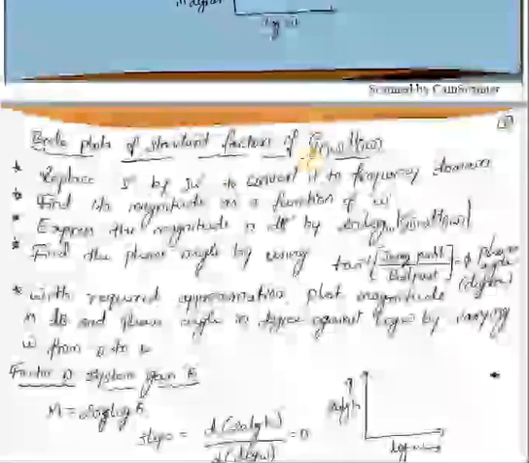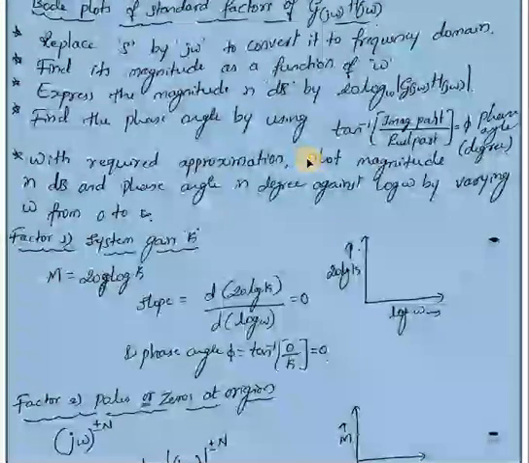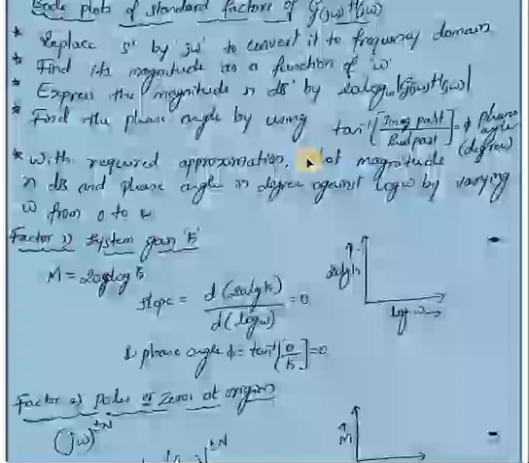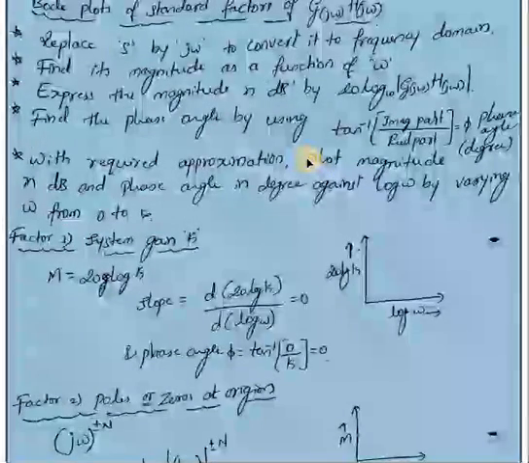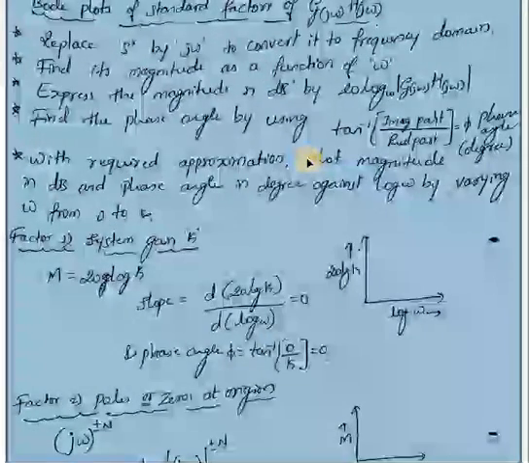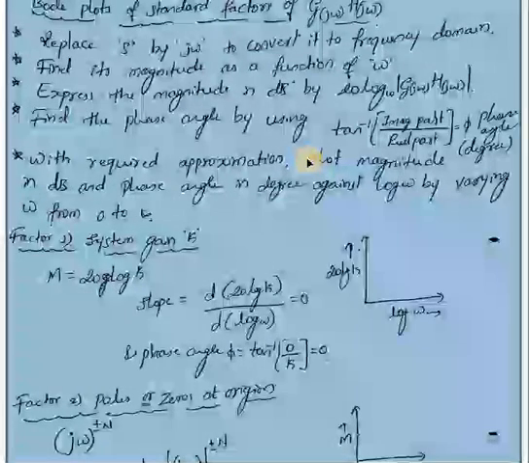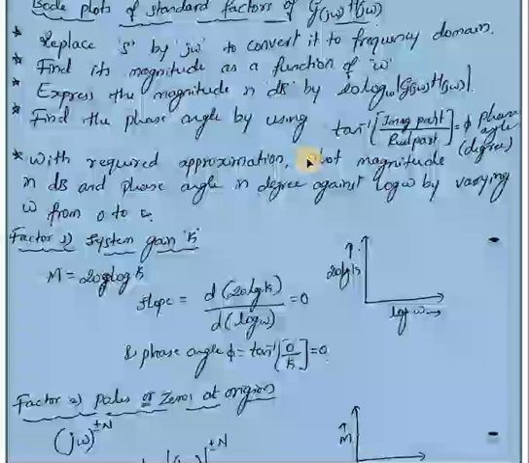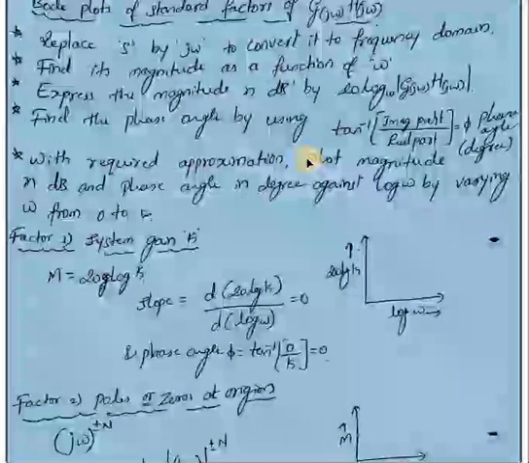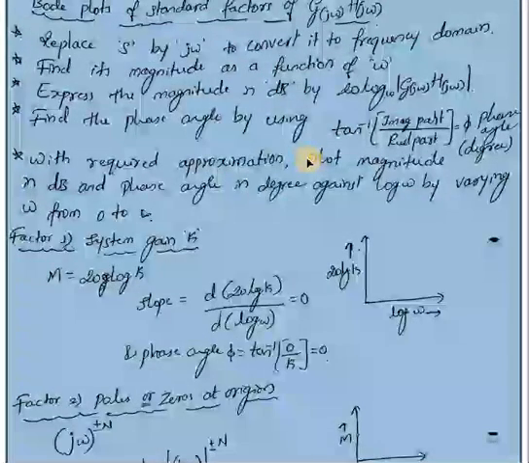Okay. So then there are some standard factors which you need to understand before starting with the actual plot of the frequency versus magnitude and then the phase angle versus the logarithmic value of the frequency.